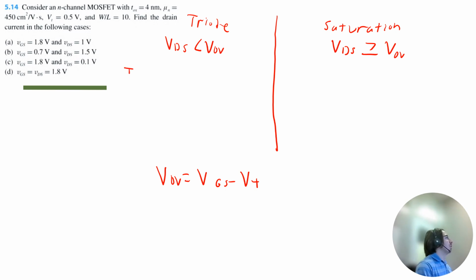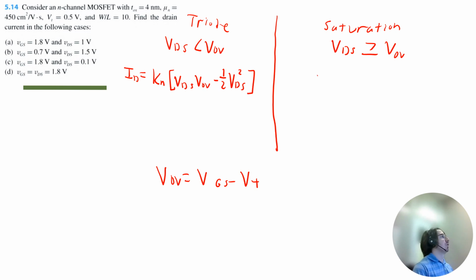Now, if we're in the triode region, then the drain current is equal to K_n times the voltage from drain to source times the overdrive voltage minus 1/2 times the voltage from drain to source squared.